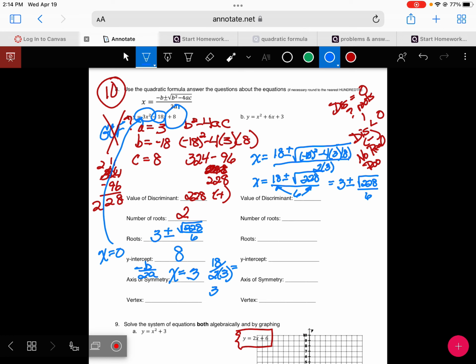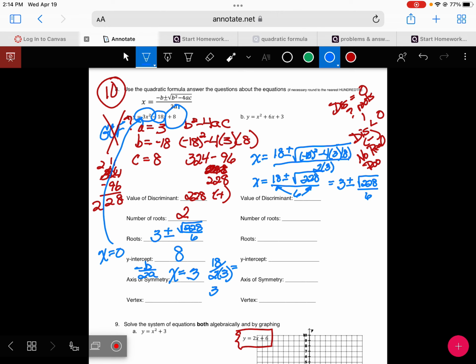Okay? Where am I going to find my vertex? Where am I going to find the vertex? Isn't that going to be on your axis of symmetry? It's either the highest point or the lowest point, right?